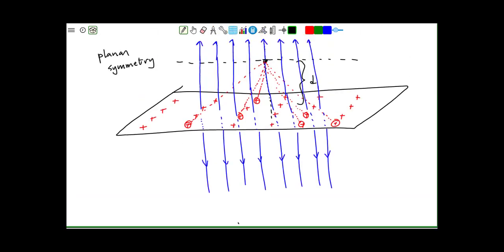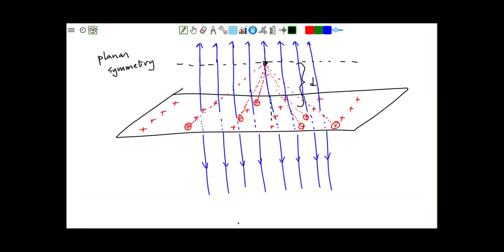So going back to the electric field, notice if we were on the surface of this plane and we were walking along, the electric field looks the same everywhere because the electric field symmetry matches the symmetry of the charge configuration that produces it.